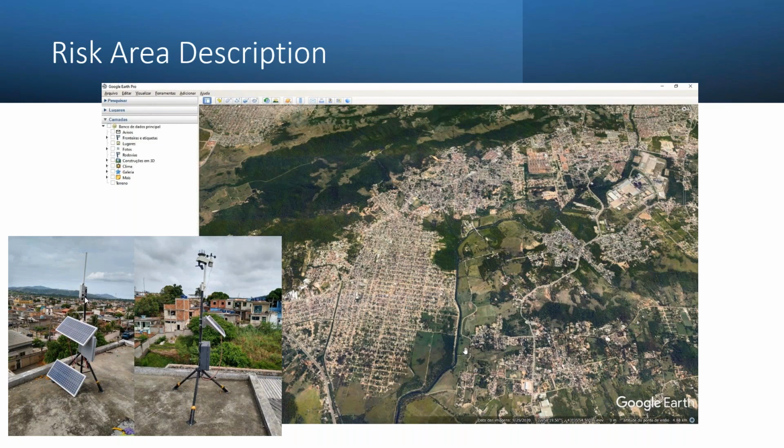This gateway uses a 4G SIM card, and maybe it's not near enough to be seen, but we have a tower here. All these gateways use 4G as a backhaul.